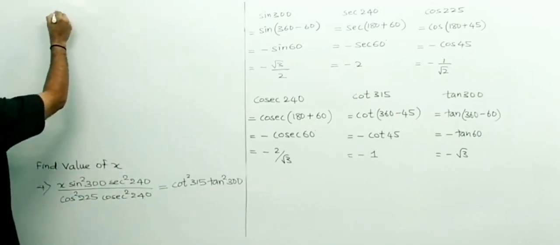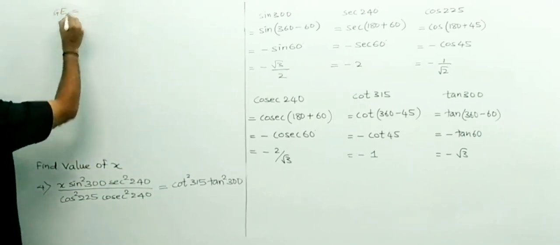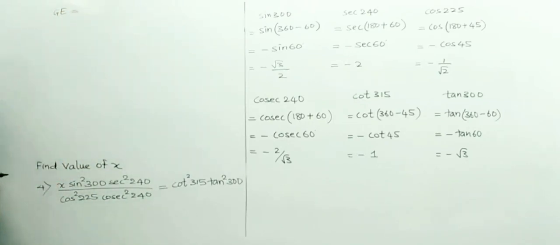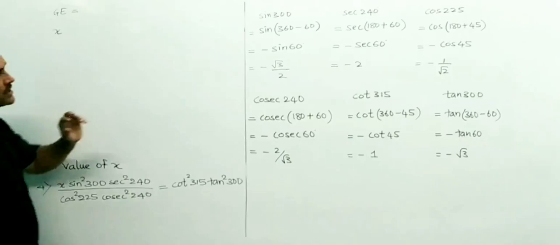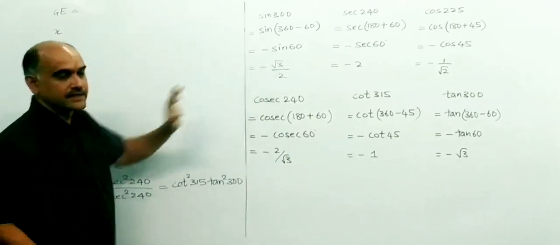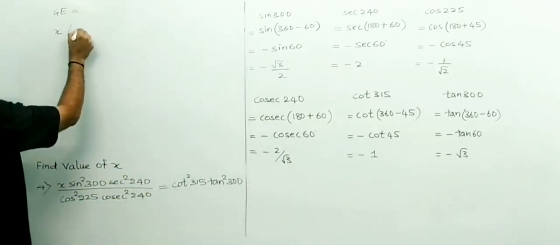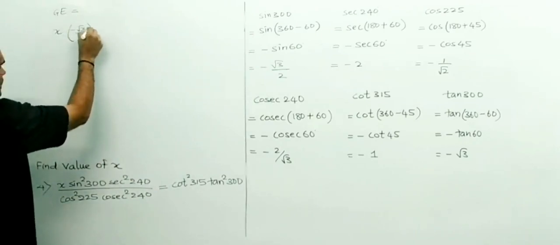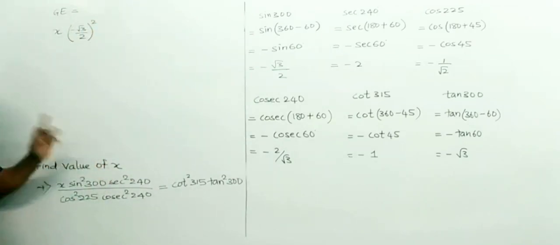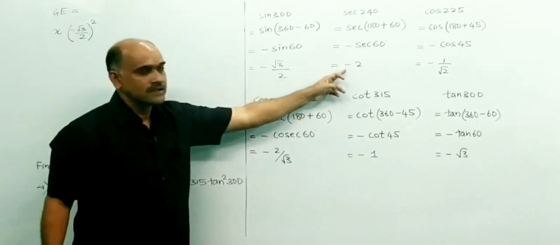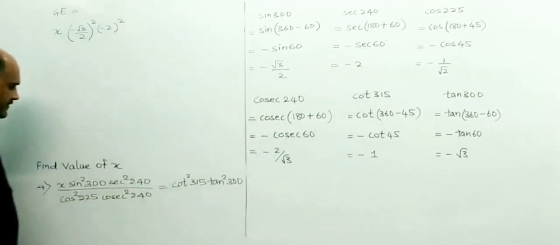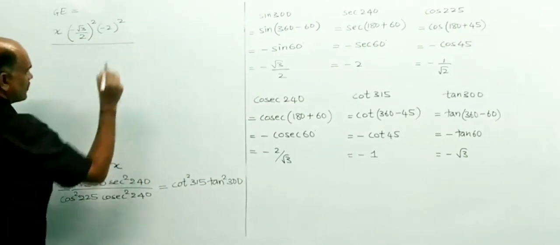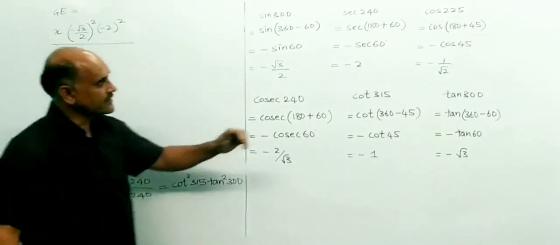So I will substitute all the values in the given expression. x into sine square 300, so minus root 3 by 2 square, secant square 240 minus 2 square, divided by cos square 225.